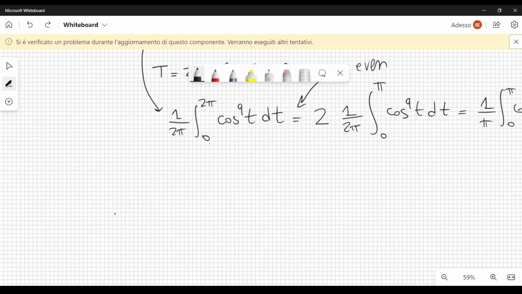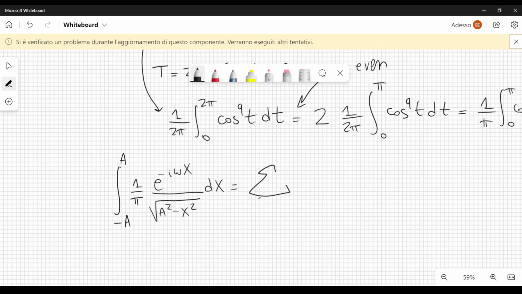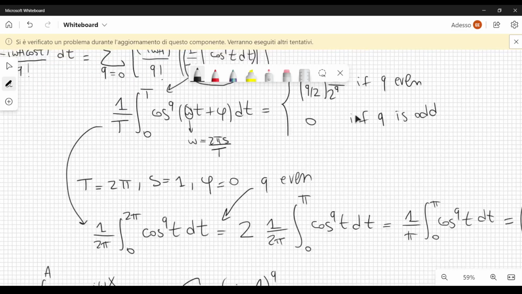We started from the integral from minus a to a of 1 over pi e to the minus I omega x divided by the square root of a squared minus x squared dx, and this is equal to the sum over even q of minus I omega a to the power q over q factorial, and then I simply substitute what we found for the integral.